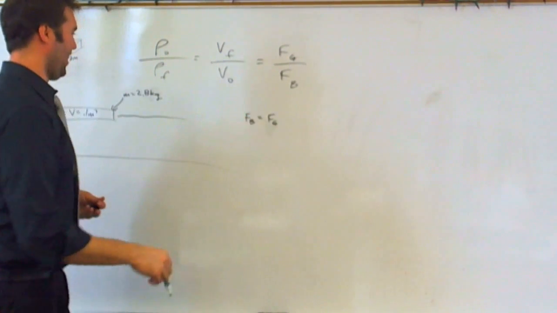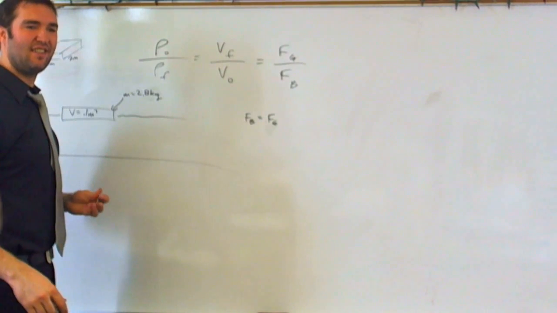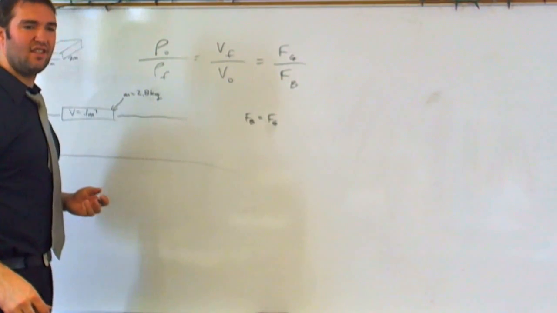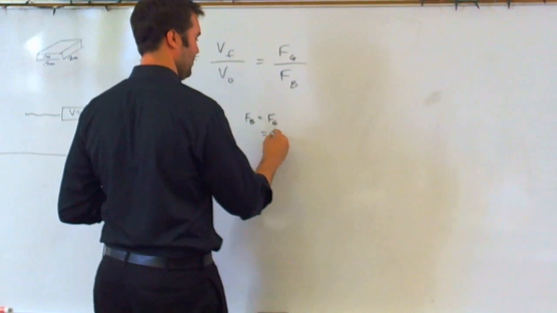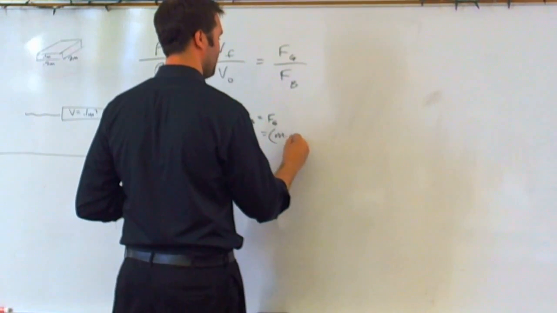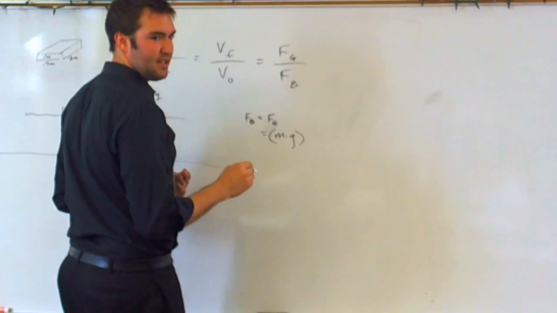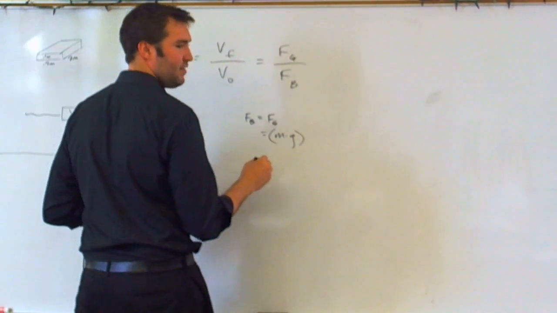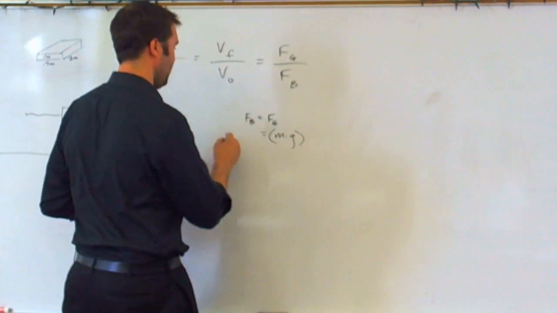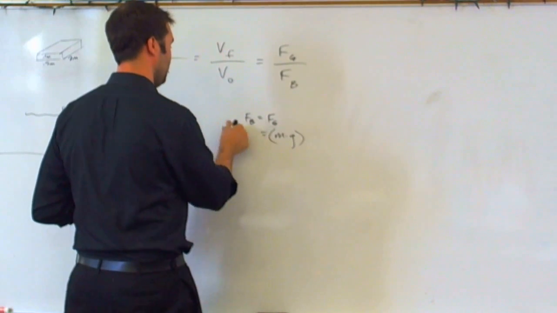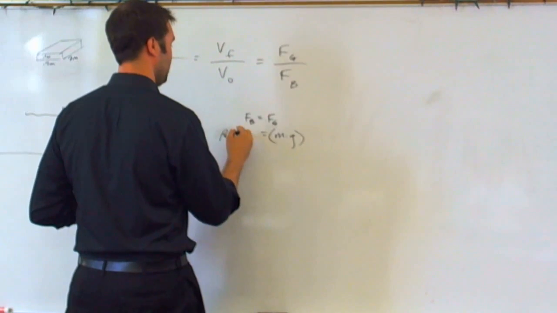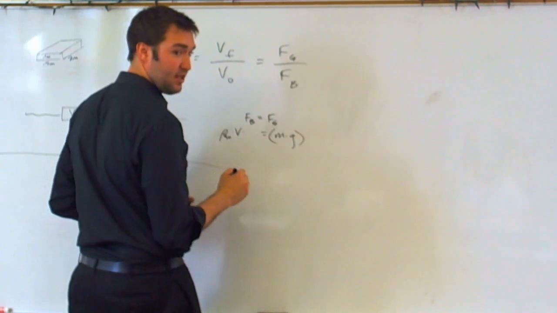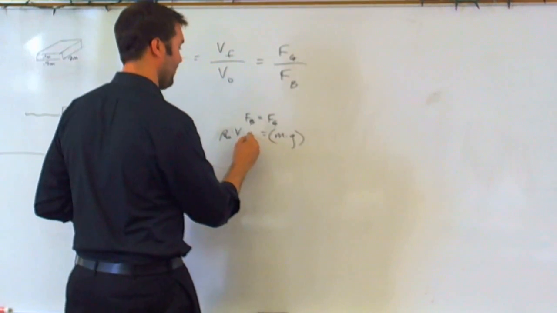Which of these can we do right from the get-go? What is F of G equal to? Yeah, mass times gravity. How about buoyant force? Density of water times the volume of the mattress times gravity.